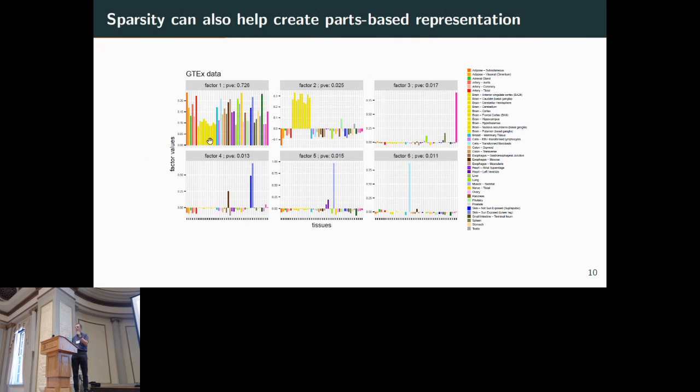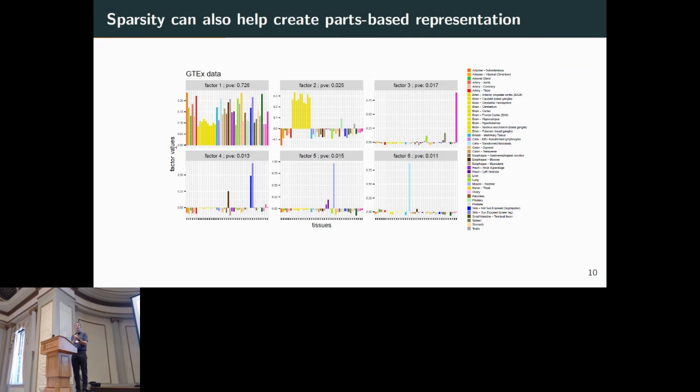So that's helpful for understanding things. In this first factor, all the tissues are showing a positive effect, pretty similar in all tissues. So what this first factor represents is the shared common effect that's common to all tissues.